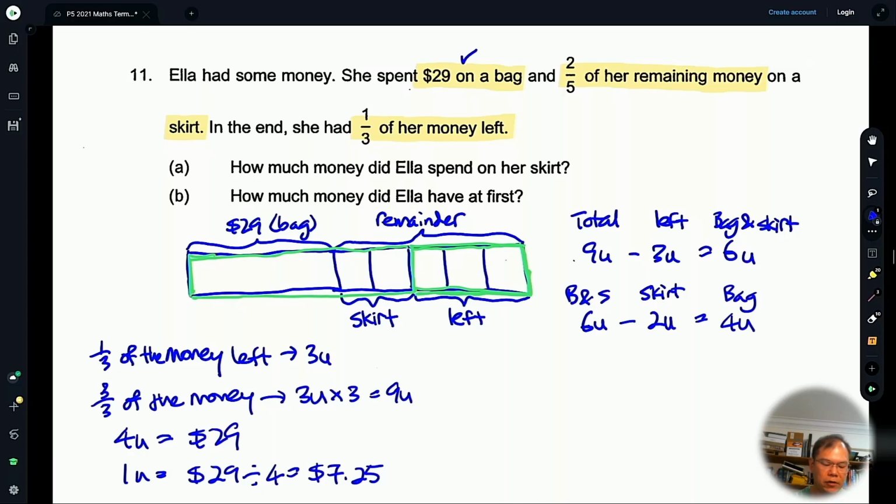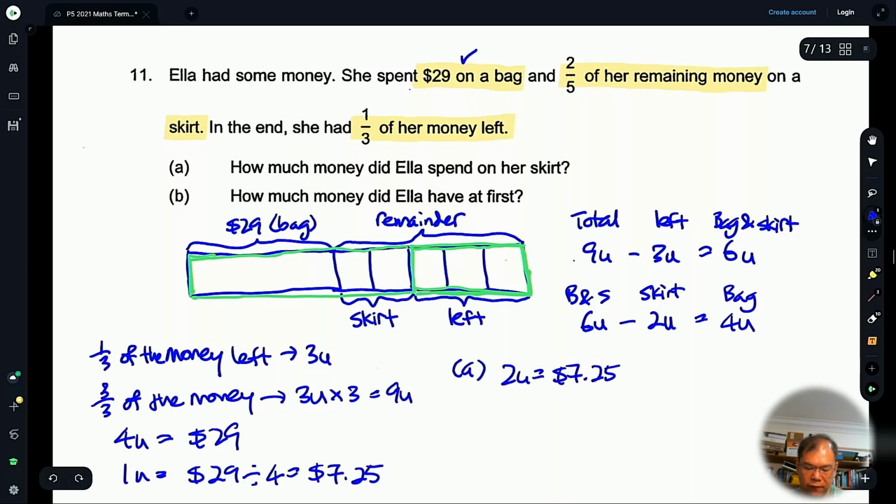Right, so each unit of money is actually $7.25. Now part A asks for the amount spent on the skirt. The skirt is 2 units. Okay, so $7.25 times 2, $14.50. So this is on the skirt.